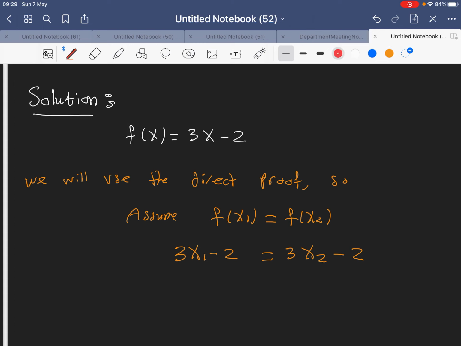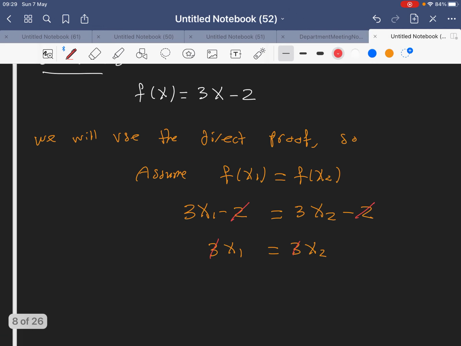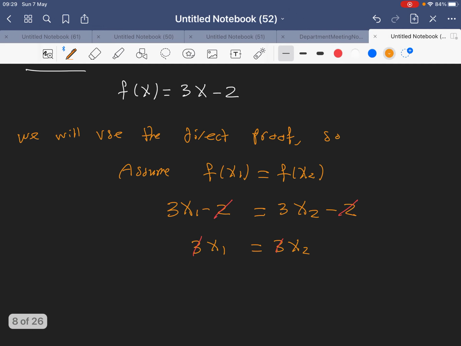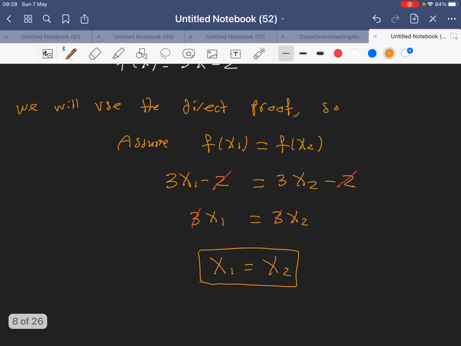Now I can see there is a cancellation, negative 2 with negative 2. So I will get 3x1 equal to 3x2. Another cancellation, the 3 and the 3. So finally, I reach where I want to reach: x1 equal to x2. All I did is algebraic manipulation and I get x1 equals x2. So hence f is injective, or one-to-one.